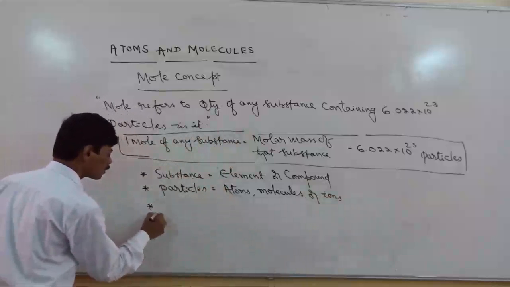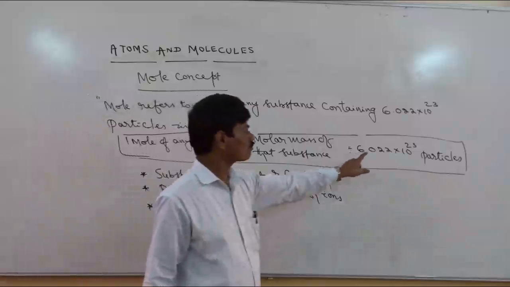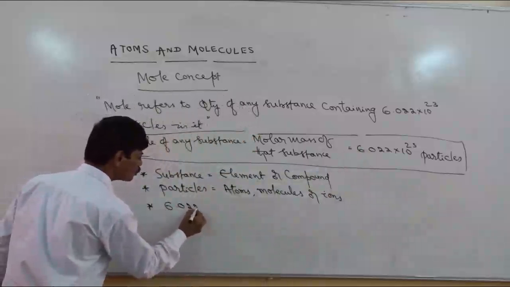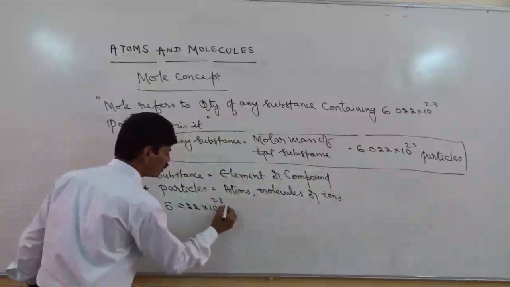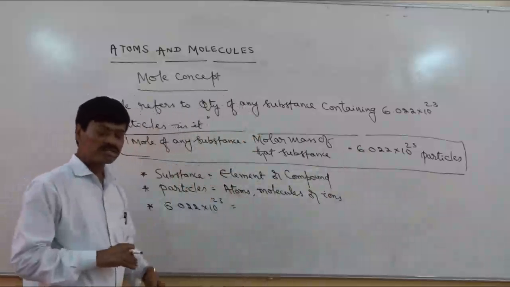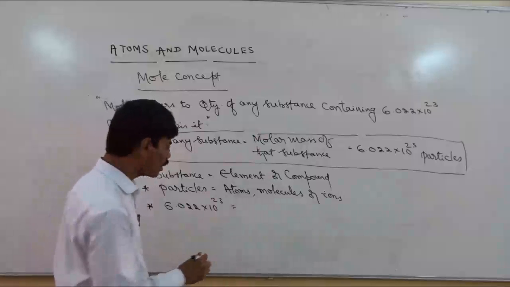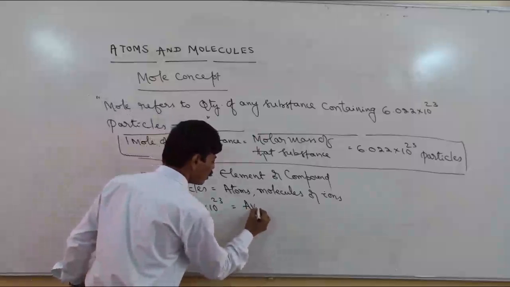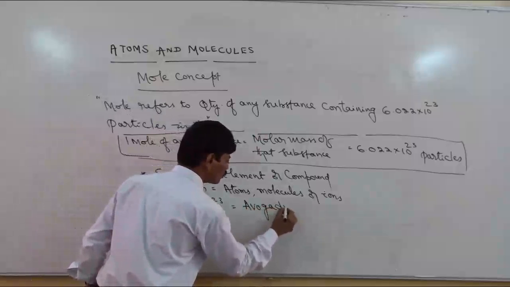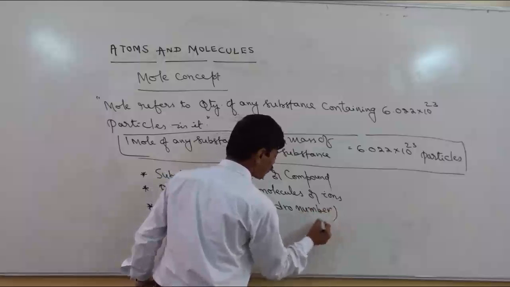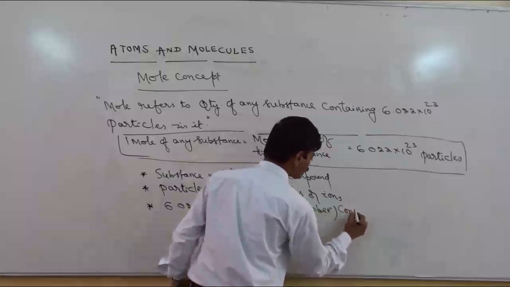Next, this number, 6.022 × 10^23, is known after Amedeo Avogadro as Avogadro's number, or Avogadro constant.